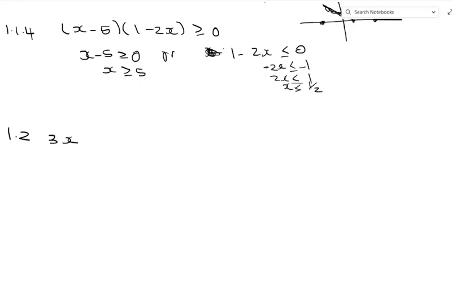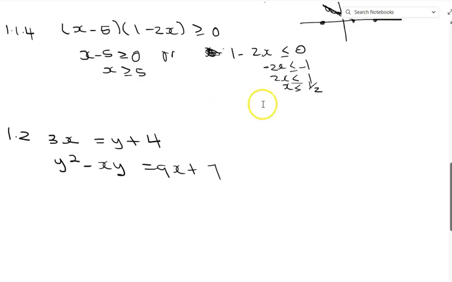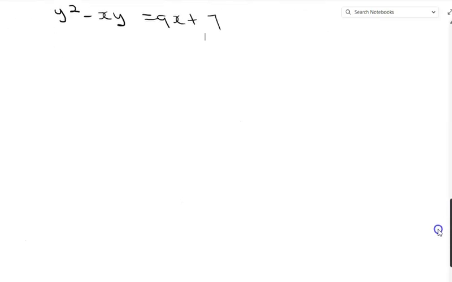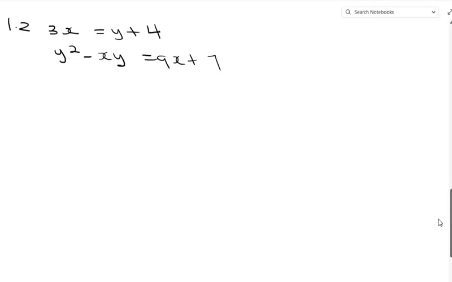The first equation is 3x is equals to y plus 4, and the second one is y squared minus xy is equals to 9x plus 7. So now we have to make sure that our equations are correct. 3x is equals to y plus 4. y squared minus xy is equals to 9x plus 7. Okay, the equation is correct.